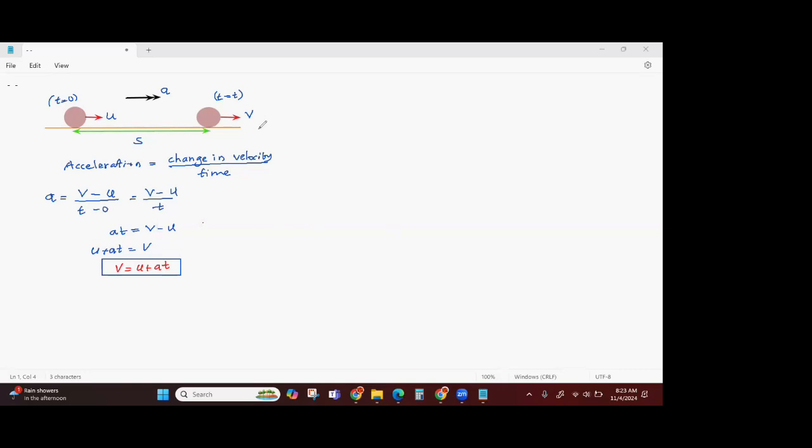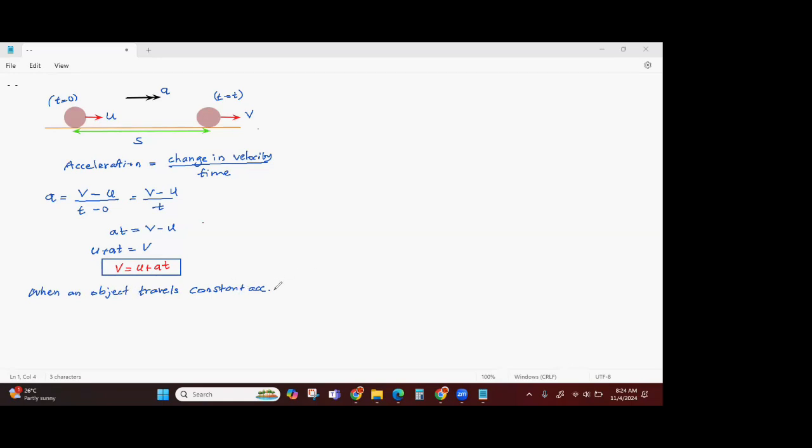When an object travels with a constant acceleration, its displacement we can find by considering the average velocity multiplied by time. So here, when an object travels with constant acceleration, or we can say when an object is in straight line motion.